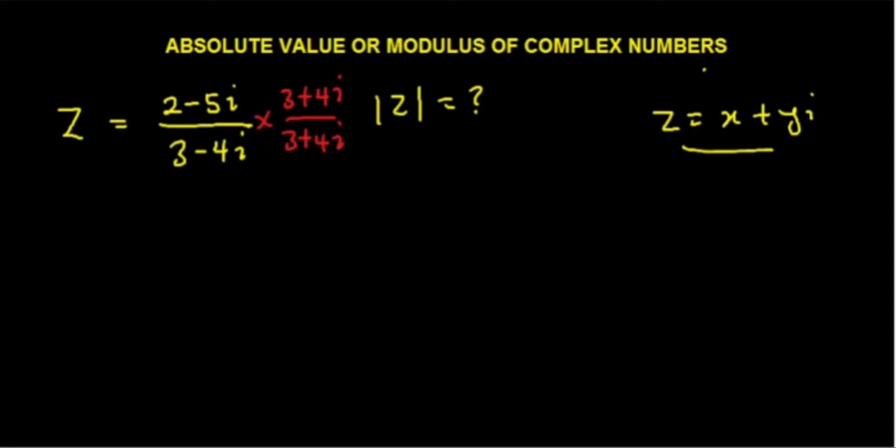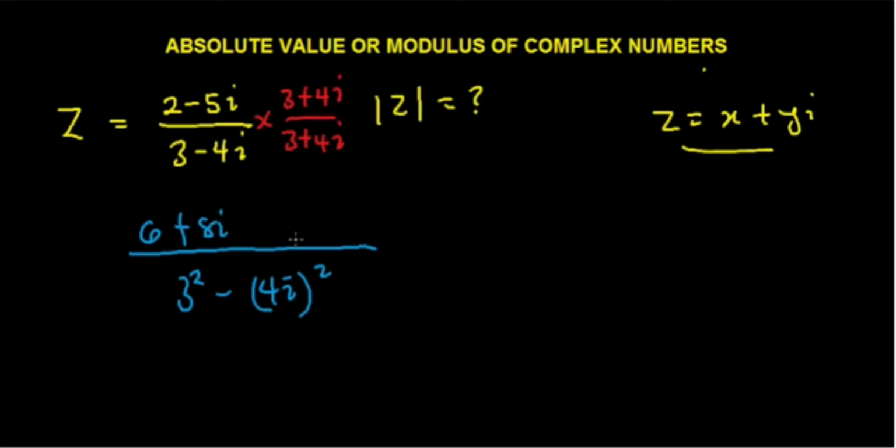The denominator will be the difference of two squares: 3 squared minus 4i squared. Then 2 times 3 is 6, 2 times 4 is 8i, then minus 15i, and minus 20i squared. That will be 6 minus 7i, since 8 minus 15 is minus 7.